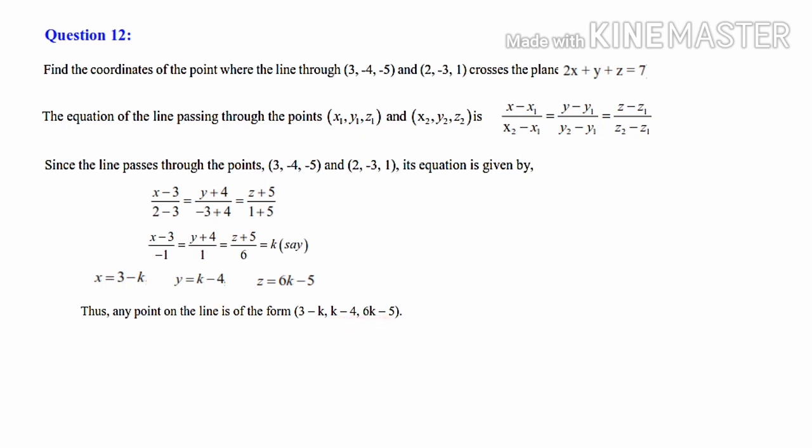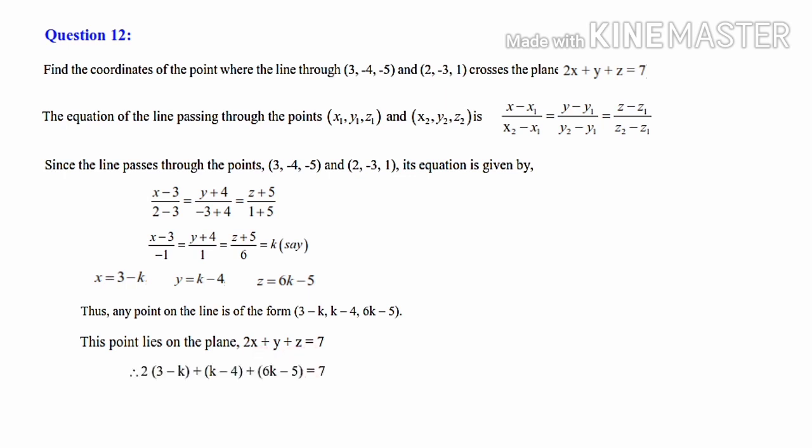And this point lies on the given plane, 2x plus y plus z is equal to 7. This point lies in this plane. So when you substitute this point instead of x, y and z in the equation of the plane, it will satisfy.